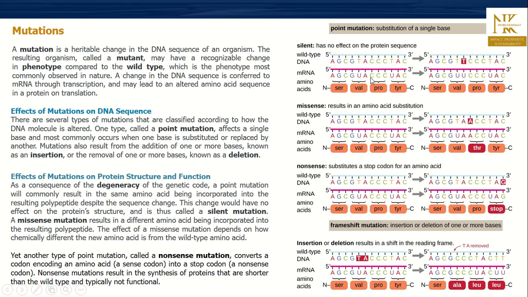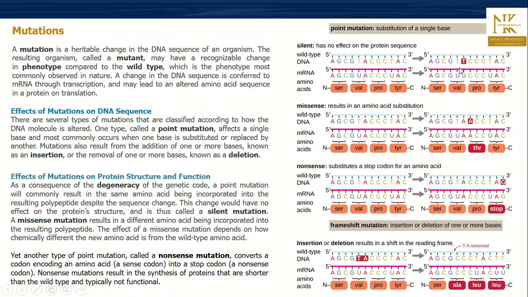So GUA is a valine, while GUU is also a valine. There are two different sets of codons, but they are coding for the same amino acid because of the genetic code that we have. So here, this is GTT, this A is switched into T, but we still have valine as the result. That is a silent mutation.